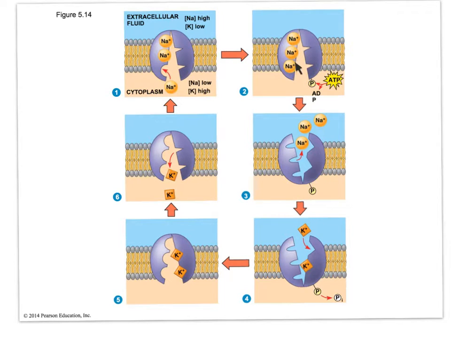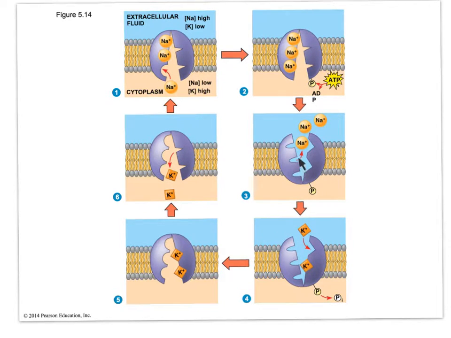The binding of the sodiums did not change the structure of the carrier, did it? No. So this is not facilitated diffusion. If this was facilitated diffusion, the binding of the sodiums would change the structure of the protein, and then the sodiums would be kicked out. But we require ATP to change the structure of the protein.